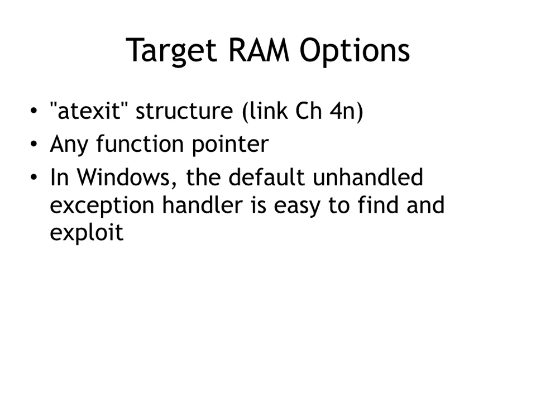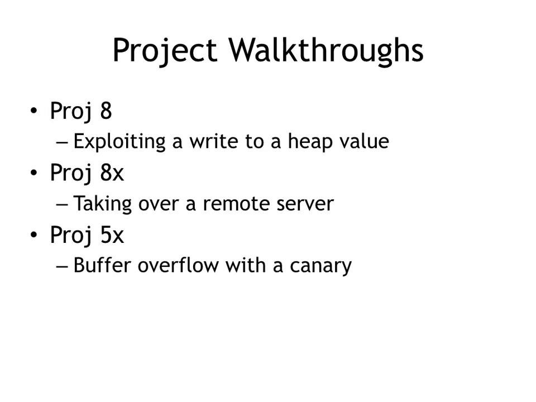If you don't have a handler, these will just lead to a system message, like Dr. Watson or the blue screen of death. But you have an option to put an exception handler in your program so you handle the error instead of letting it crash back to the operating system. And if you can write to those addresses, then when you trigger an exception, it will jump to the code you injected. So those are common ways to take over.